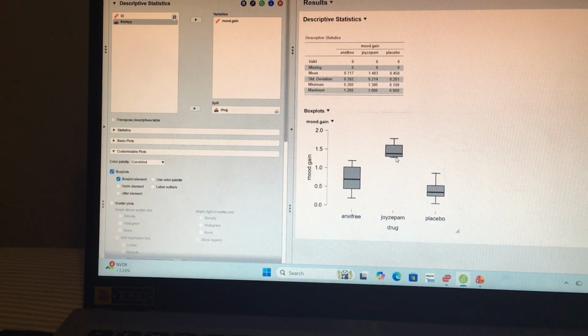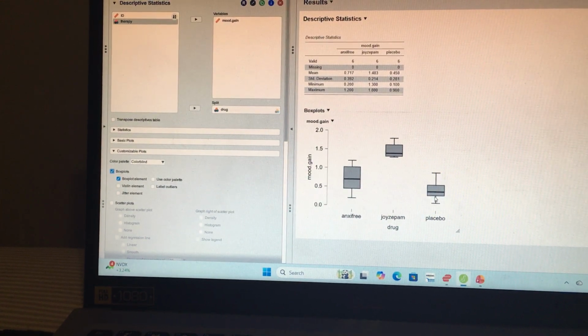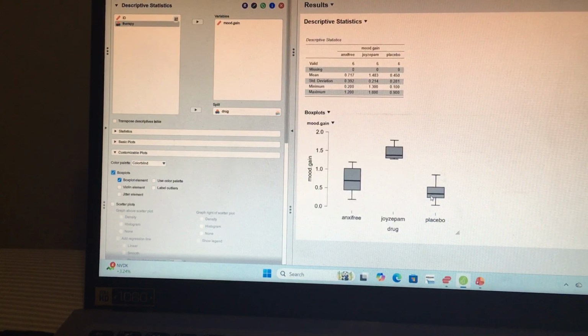It's 1.3 on the min, 1.8 on the max, and the mean is 1.483. And then with placebo, the placebo is min of 0.1, max of 0.9, and the mean is 0.450. So that looks good. Everything matches. So that is what matches figure 13.1.